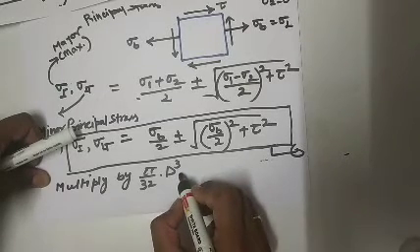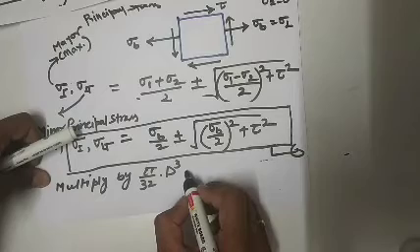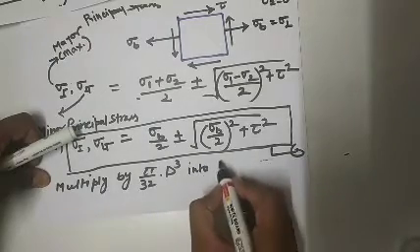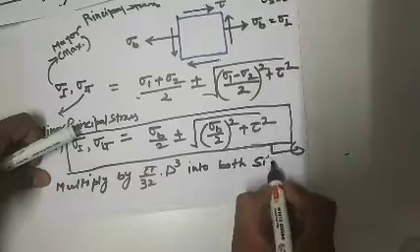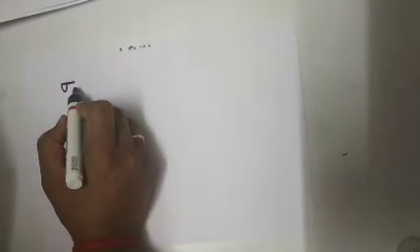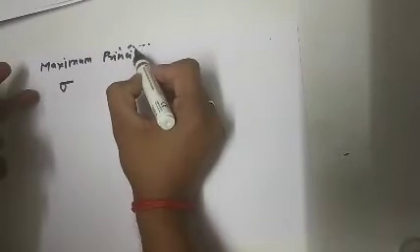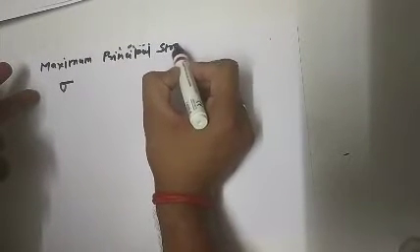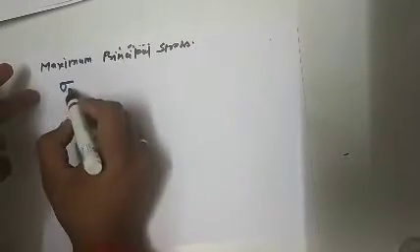Multiplying pi by 32 d cube to both sides, the equation comes to sigma, and we are deriving the expression for the maximum principal stress generated in the shaft.